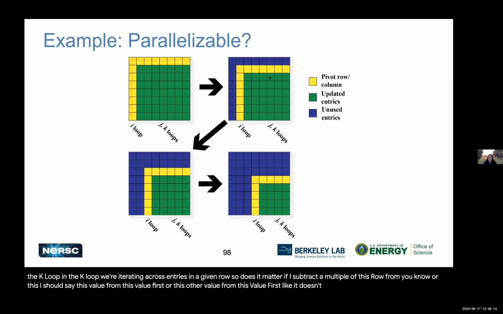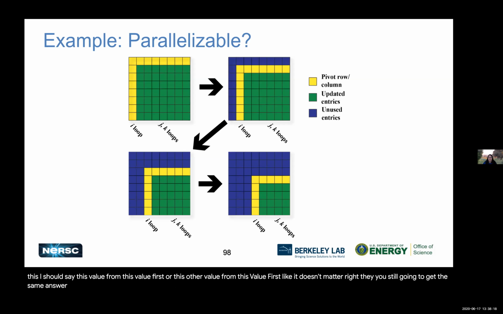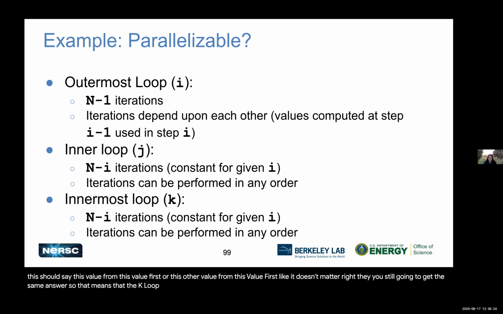It doesn't matter, right? You're still going to get the same answer. So that means that the K loop is parallelizable if we wanted to use that one. So that's great news. We can use either of these two loops, the inner loop or the innermost loop. We can parallelize it with OpenMP.